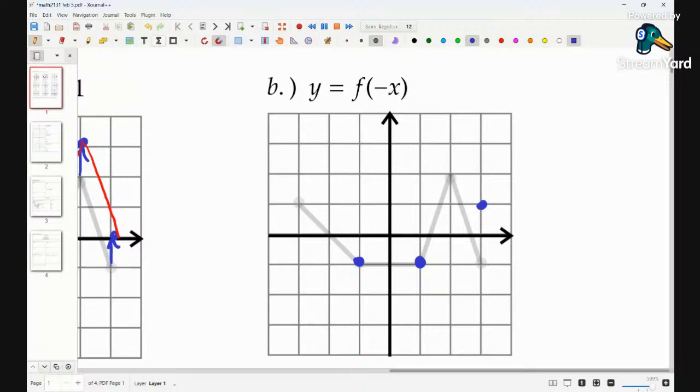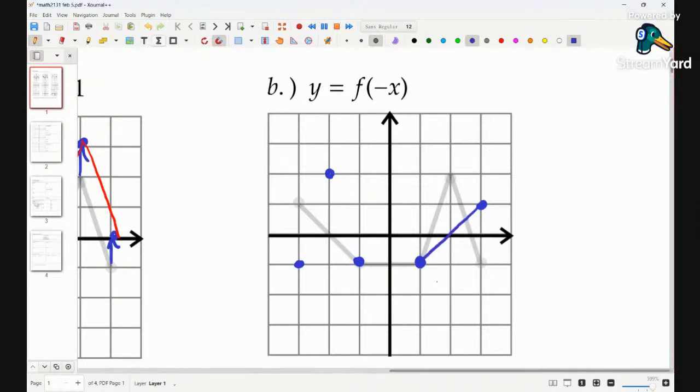Point D, this might be helpful thinking of this point D. D is now 2 units to the right of y. We're going to sketch it 2 units to the left of y. 1, 2. And point E over here, which is 3 units right, becomes 3 units left.